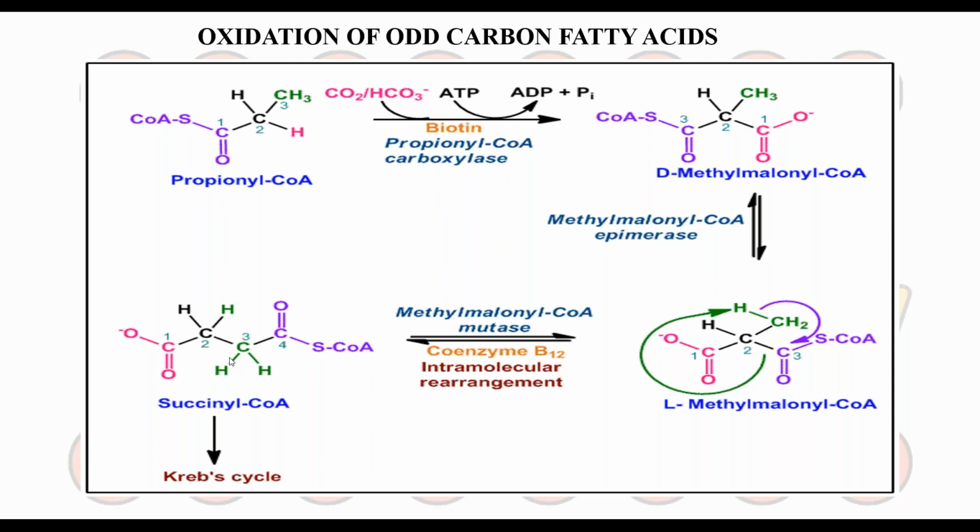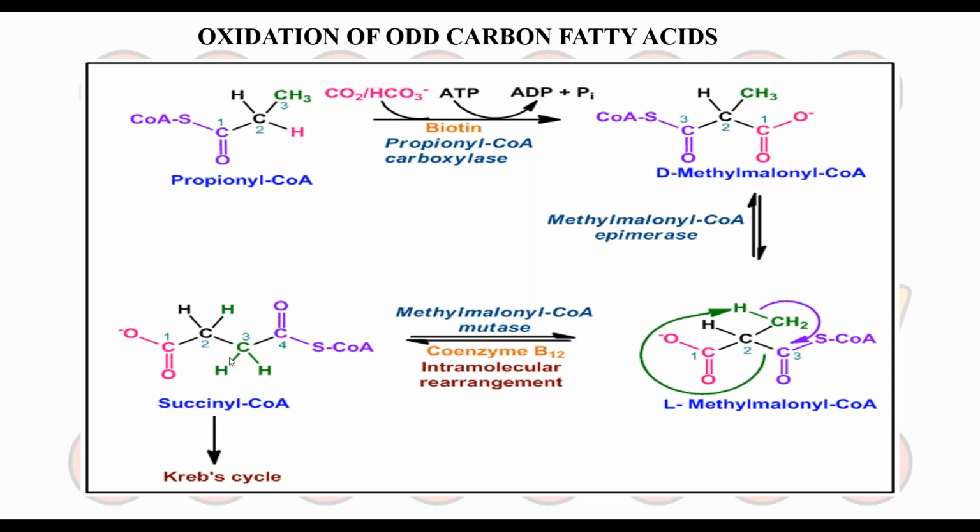Now other than acetyl CoA, fatty acid oxidation or fatty acid metabolism can also give what are called ketone bodies. So there are 3 different types of ketone bodies which are involved, and these are acetone, acetoacetic acid, and beta hydroxybutyrate.